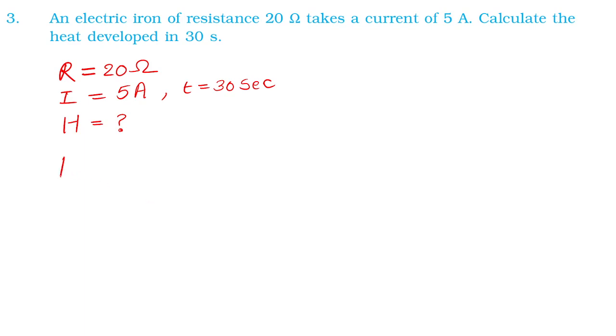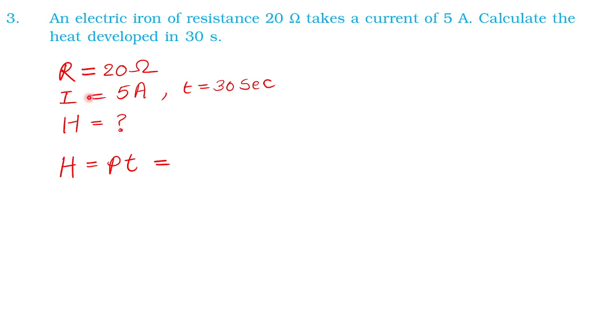We have the formula heat is equal to power into time, H equal to PT. Read this formula again and again, then you will never forget. P is not given. Can I find out P?